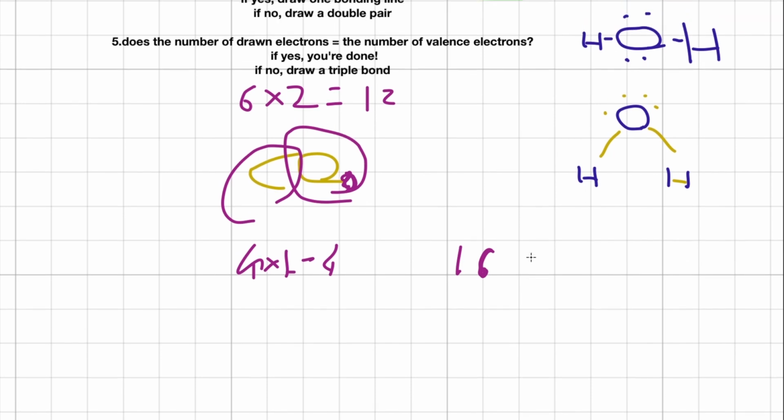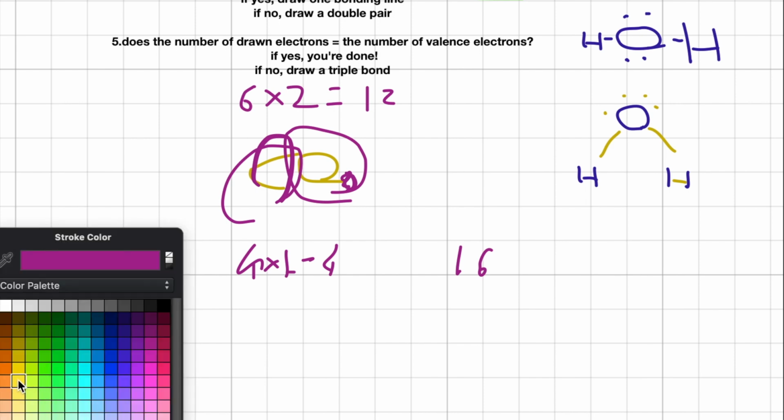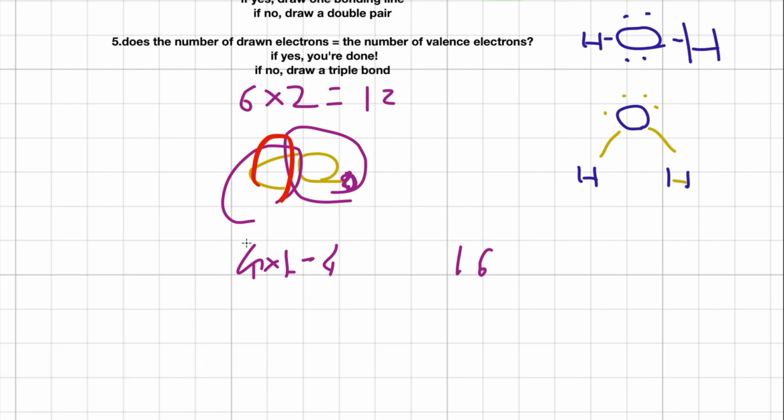Now, determine the central atom. Well, carbon is the central atom here, right? Carbon is the central atom because there's only one of it. So carbon is going to go in the middle, and oxygens are going to go on the side. Now, next step. Draw all the valence electrons. How do we do that? Well, oxygen has 6, so 1, 2, 3, 4, 5, 6.